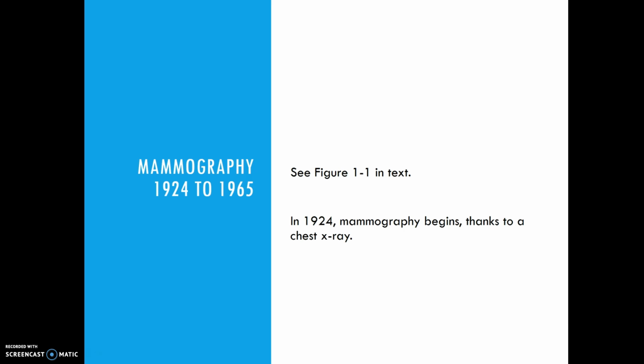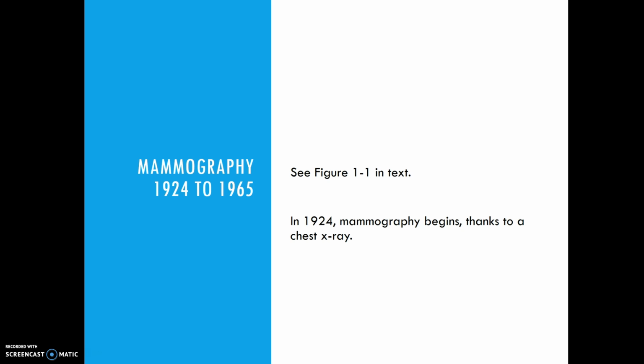So you probably want to follow along with your textbook and open up to chapter 1. Some of these figures you're going to have to refer to in your book. And the first one is figure 1-1. This is on page 3.